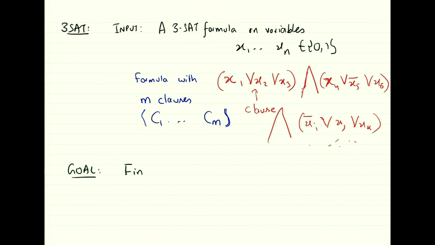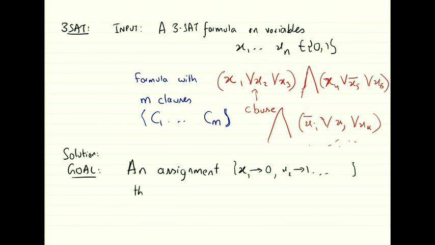The solution, as we used to call it, is an assignment that satisfies all the clauses. Some Boolean assignment, like x1 to 0, x2 to something, that satisfies all the clauses.